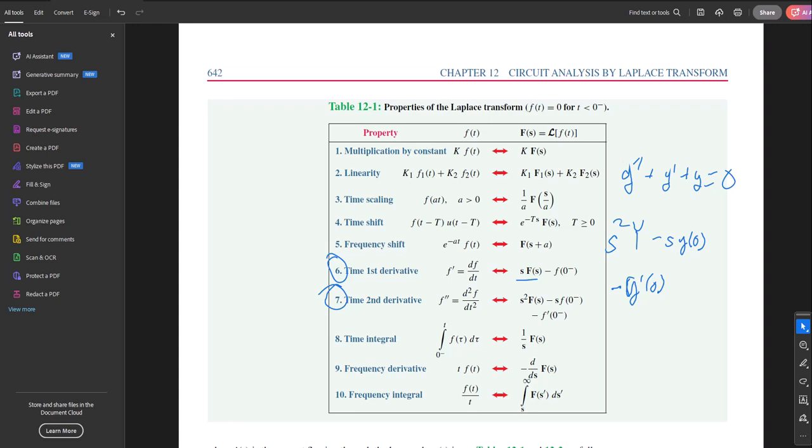All of that is the second derivative. Plus the first derivative, which is sY minus y of 0, and then the Laplace transform of little y is capital Y, equals 0. Now I have an equation. If you look at my second equation, there are no derivatives in it. It's not a differential equation anymore. It's just an algebraic equation. And algebraic equations are a lot easier to solve.